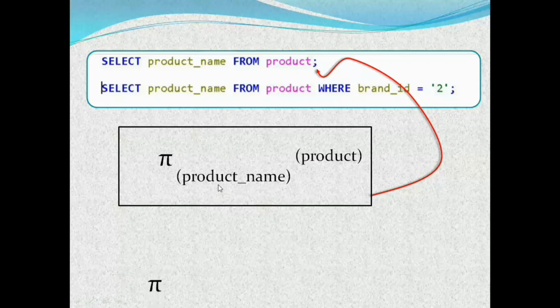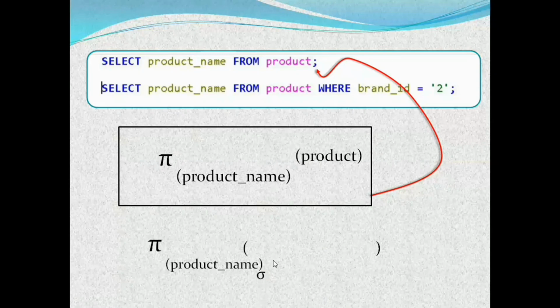So let's go to the projection operator and get the product name from the product table. But now I don't get it directly from the product table. I have the exact brand here. So I'm giving this open bracket and closing bracket. And now I have the selection operator, the selection operator related relational algebra query inside these two brackets.